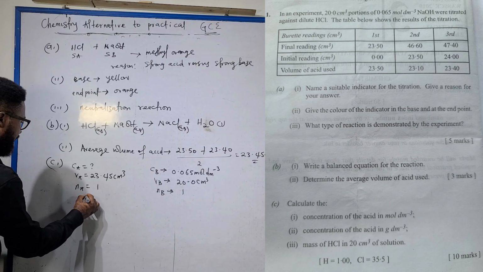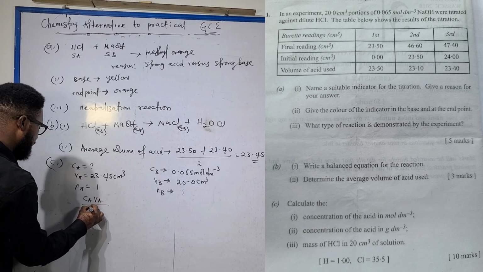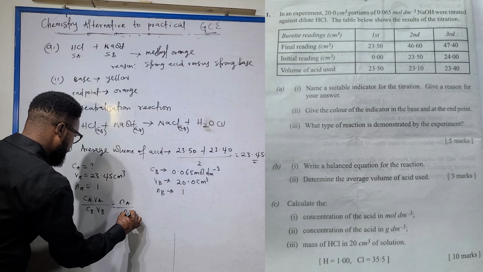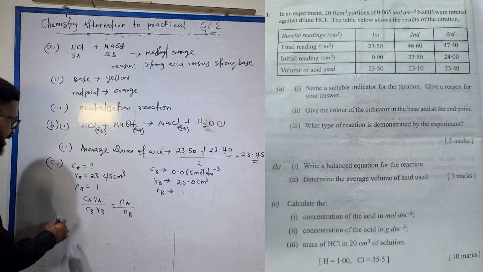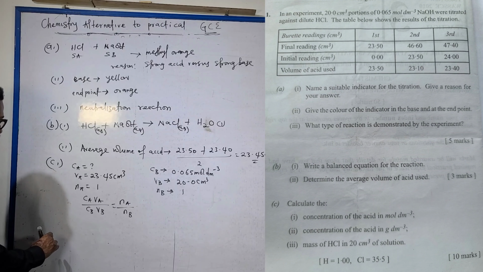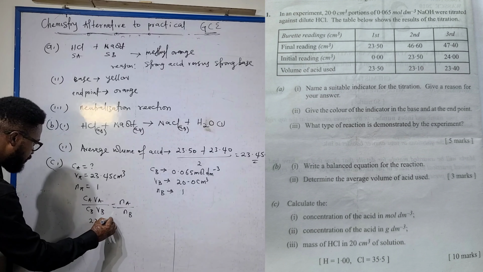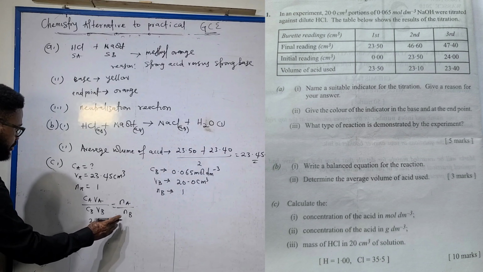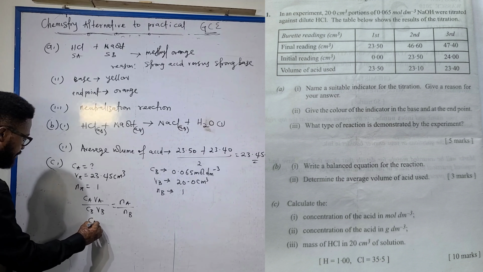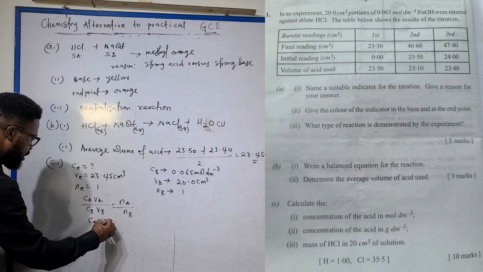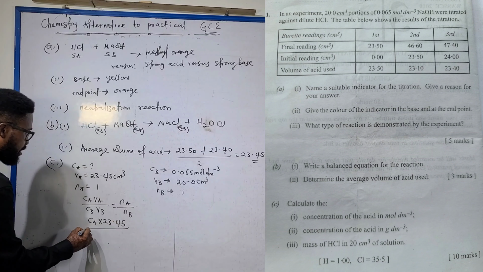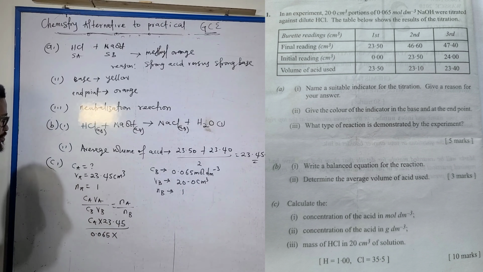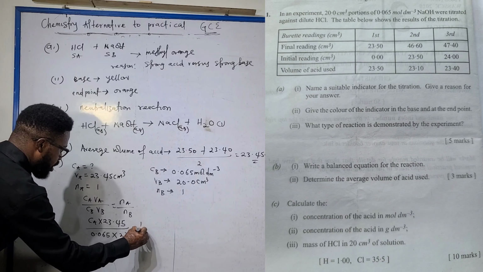So with this, I can say CaVa over CbVb equals Na over Nb. So what I have here is my Ca, sorry, I am looking for my Ca. My Va is 23.45, my Cb is 0.065, times my Vb is 20, equals 1 over 1.